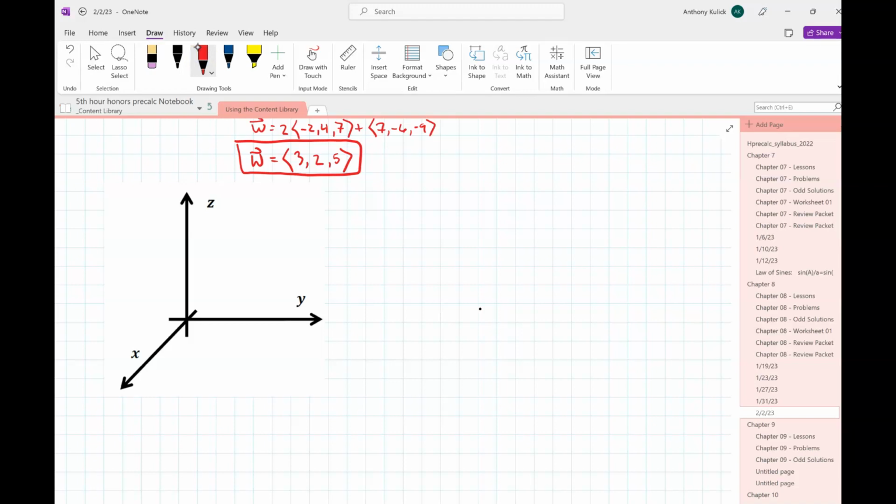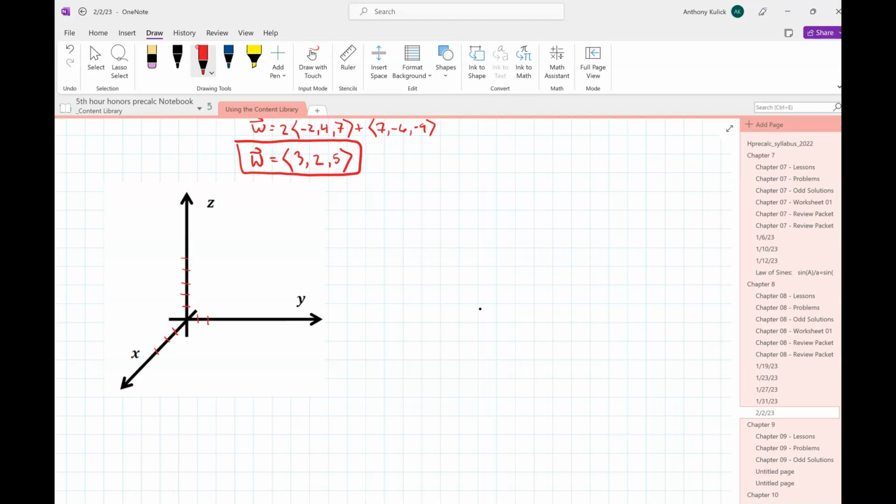So, what do we do? How do we start? We want to draw in our tick marks, so we need 3 on the positive x, and then 2 on the positive y, and then 5 on the positive z. Okay? And now we're going to plot the point 3, 2.